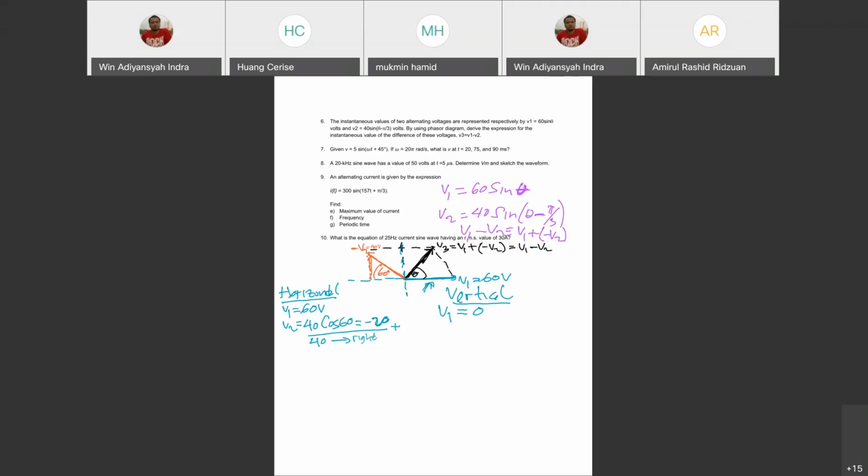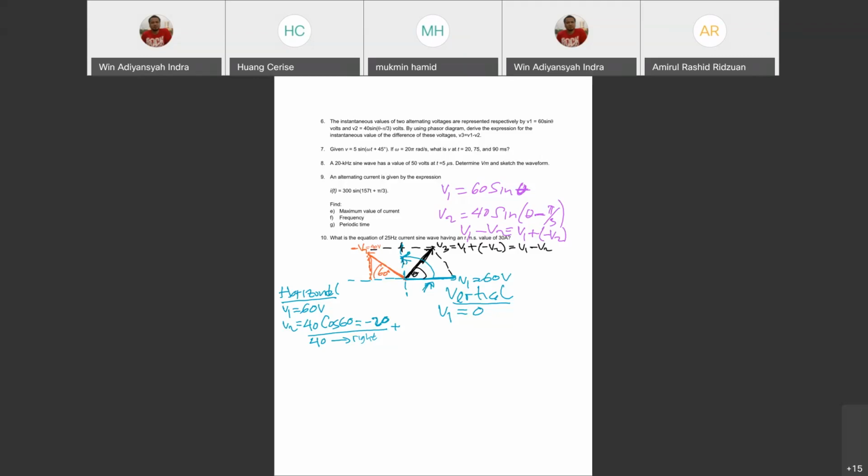If you project V1 onto the y-axis, the vertical axis, the degree is 90. Cos 90 is 0, so it is 0.